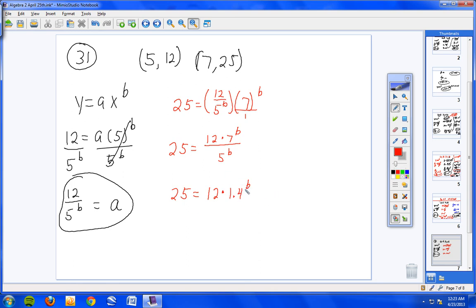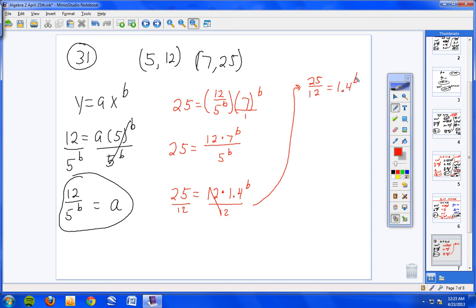Now, we would like to solve for b, but we first have to isolate the base and the unknown. So we're going to go ahead and divide both sides by 12. Now we have 25 over 12 equals 1.4 to the b.